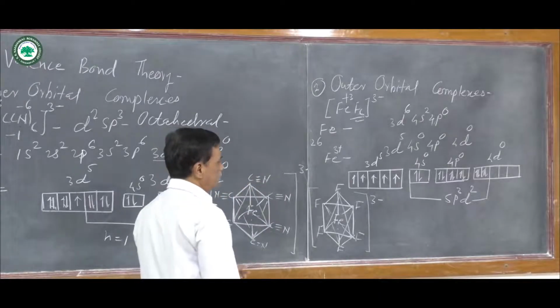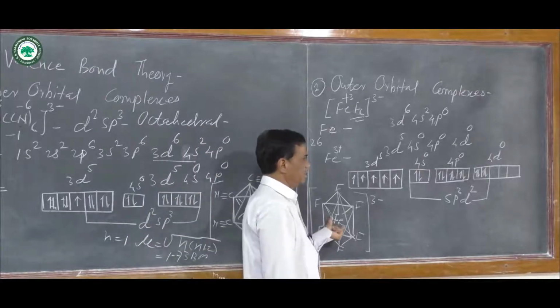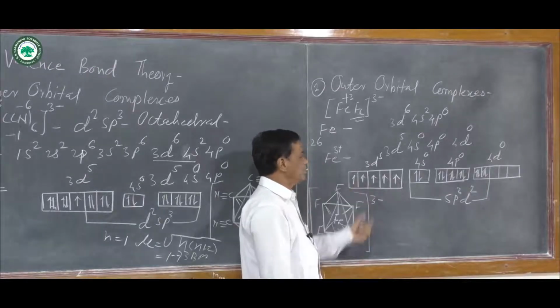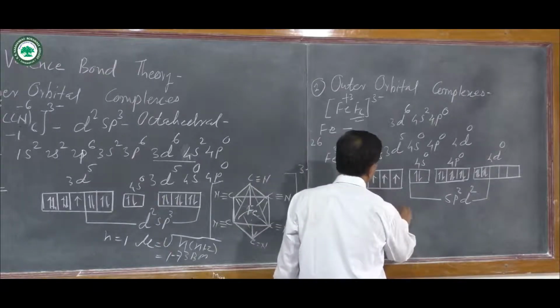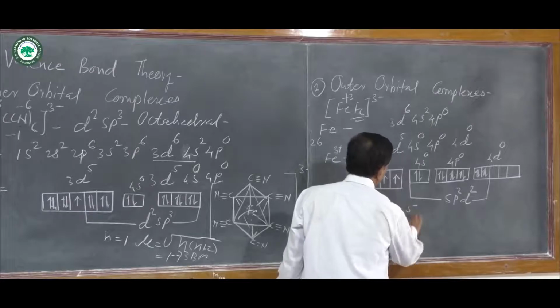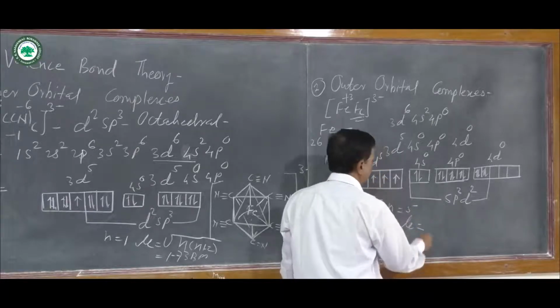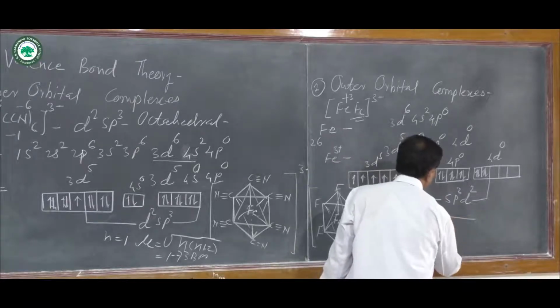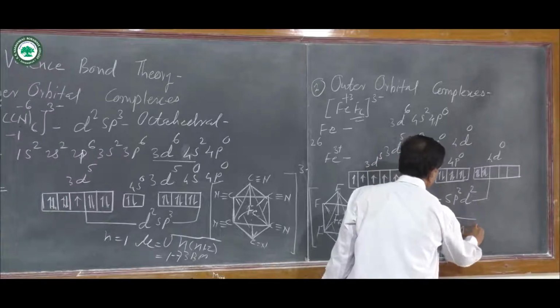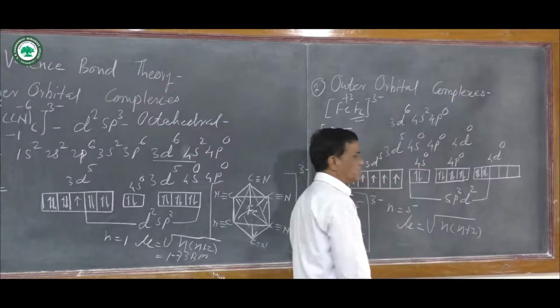Then when the 3- complex is formed, the number of unpaired electrons, n, is equal to 5. Therefore, mu effective, the magnetic moment, is equal to the square root of n into n plus 2, where n is equal to 5.